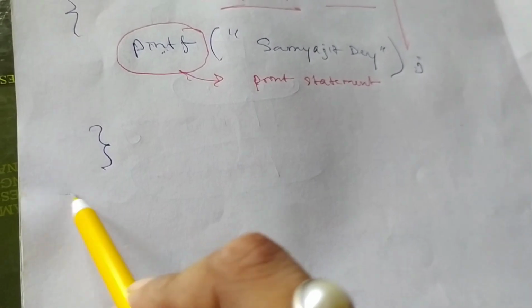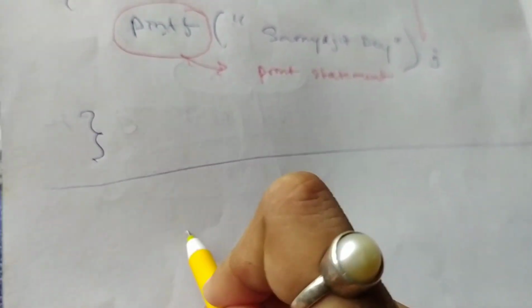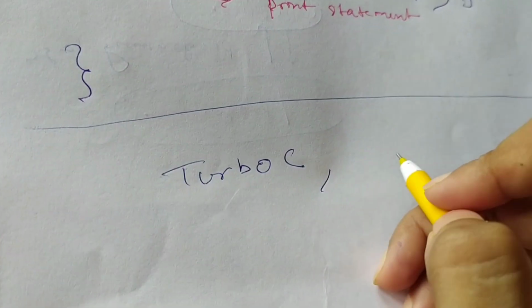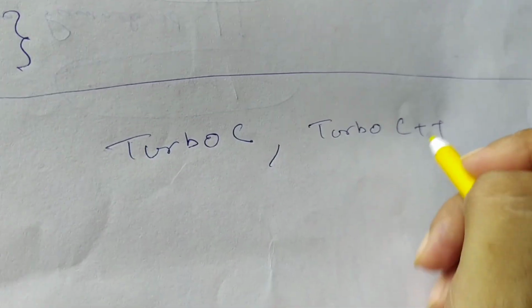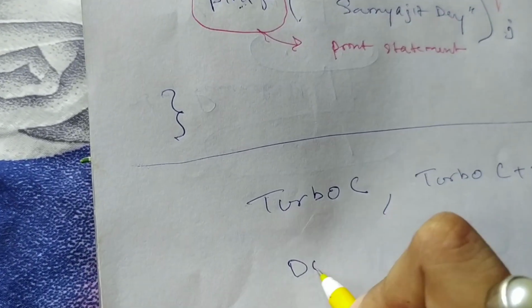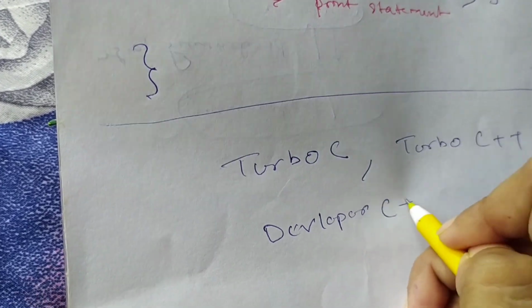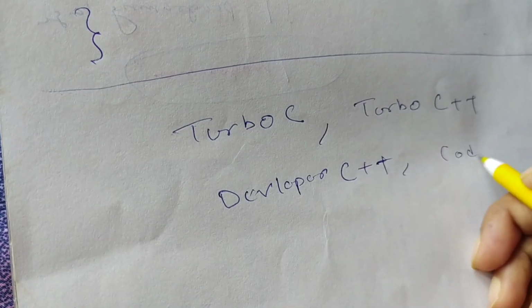There are multiple compilers available for C, like Turbo C, Turbo C++, Developer C++, Code Blocks.